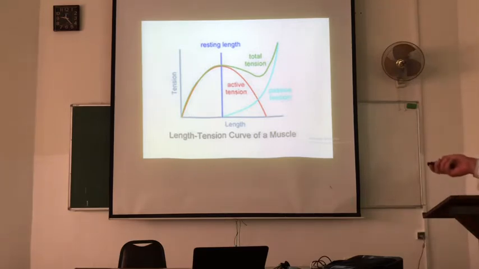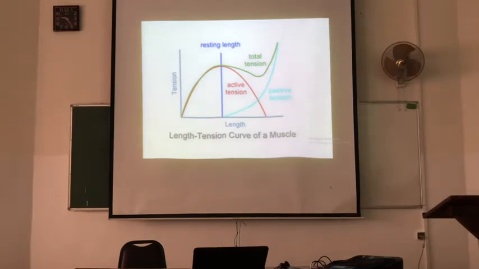Now below that, if you have contracted before and stimulated and so on, the tension becomes less and less, okay? So this is the length tension curve for the muscle. We have passive tension by stretch alone.